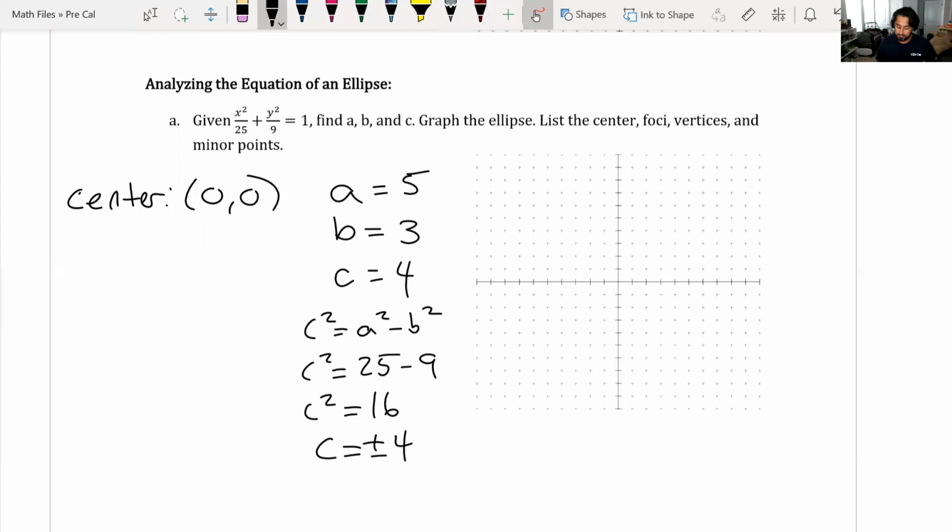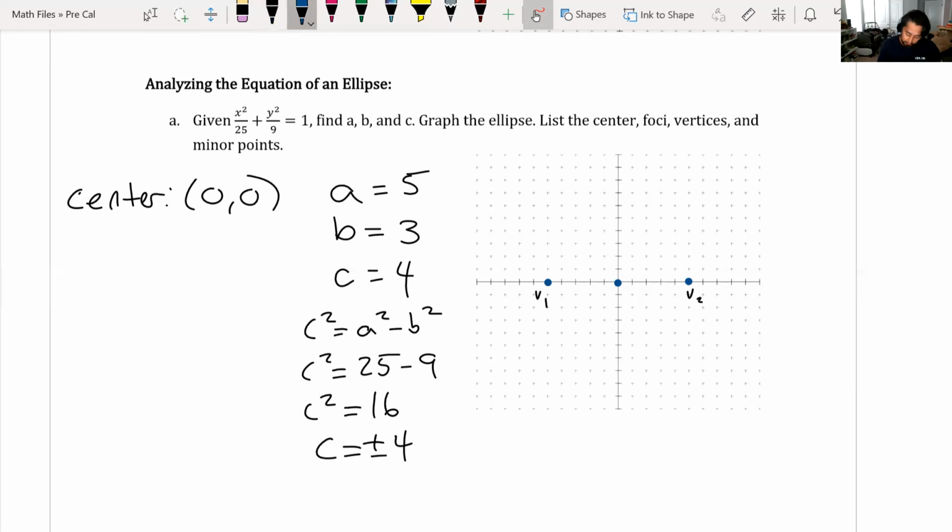Okay, excellent. Which means that if we know a, b, and c, and we know the center, we can graph this ellipse and find our foci, vertices, minor points. So let's go ahead and do that. Center's at 0, 0. And then since this has the major axis with the x-axis, if a is 5, we go out 5 to the right and out 5 to the left. This is going to be vertex 1, vertex 2.